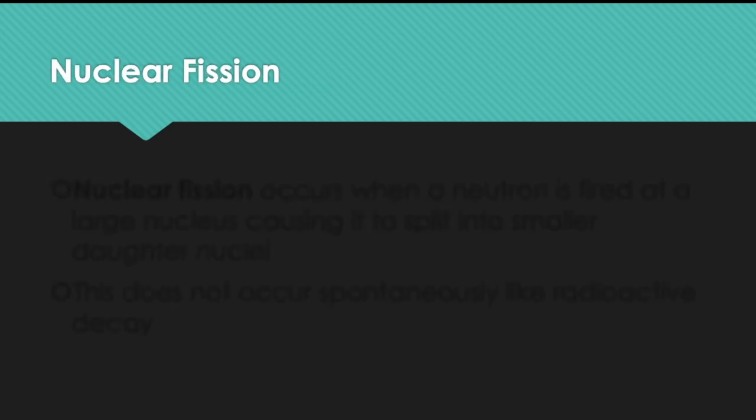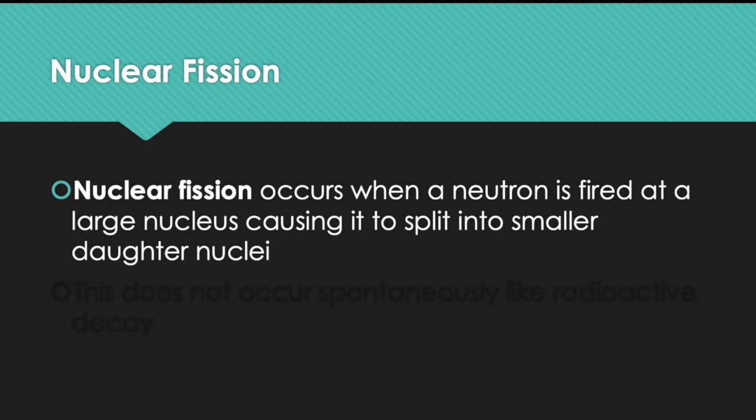Now let's talk briefly about nuclear fission, because this is another way that nuclear radiation is released. Nuclear fission occurs when a neutron is fired at a very large nucleus, causing it to split into two smaller daughter nuclei. This process is used for two main reasons: one, it's used in nuclear weapons, and two, it's used in nuclear reactors.